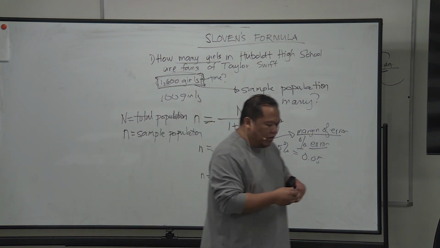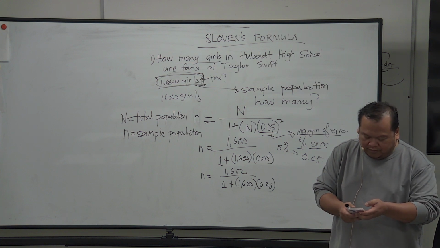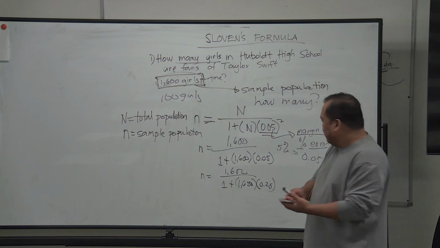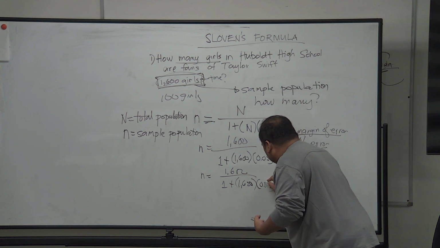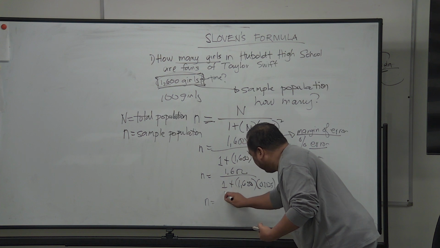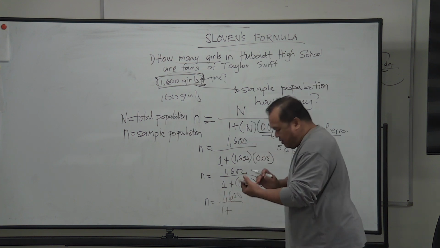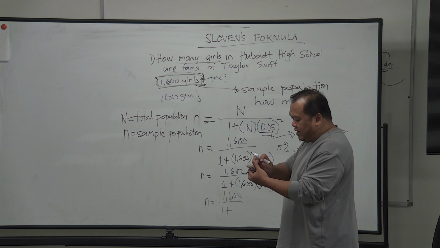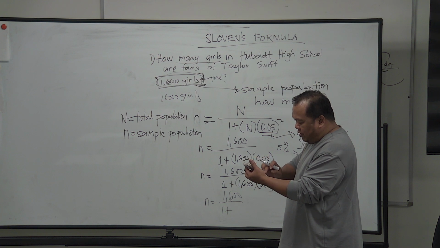Am I correct? 0.25? No. It's 0.025, I believe. 0.0025, that's correct. I made a mistake, 0.0025. So it becomes now n equals 1,600 over 1 plus, let's get our calculators out, 1,600 times 0.0025.